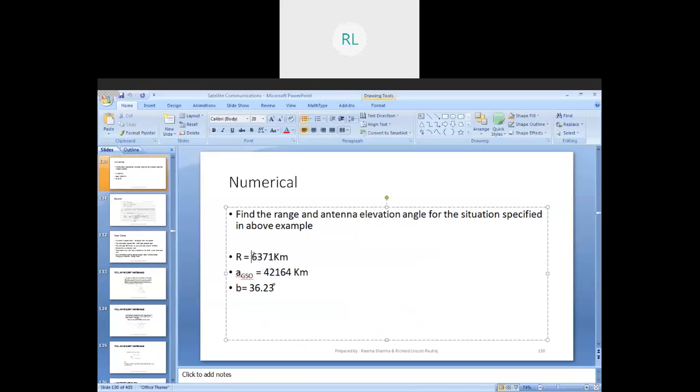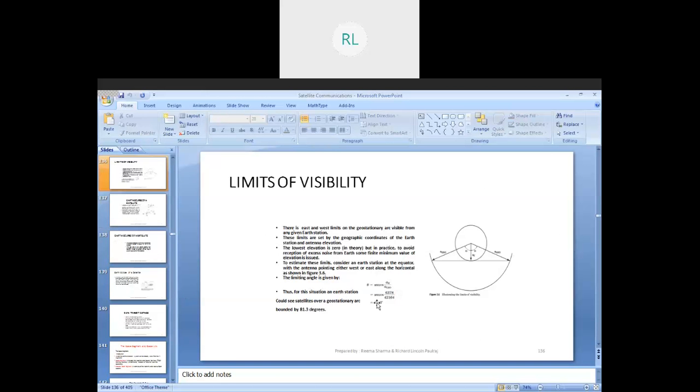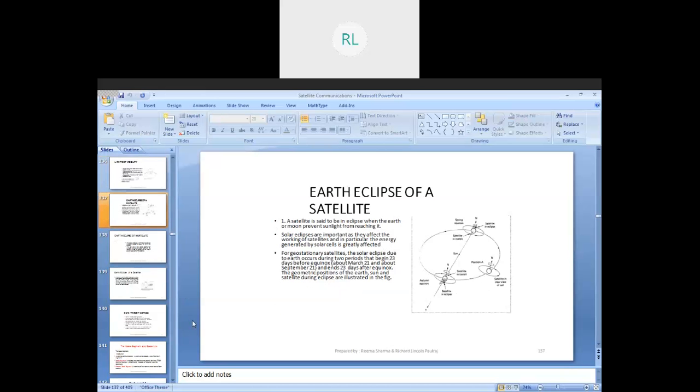So what are the limits that can happen? We use this formula, taking the arc cos of the ratio of R and AGSO, and when we calculate, we get about 81.3 degrees.